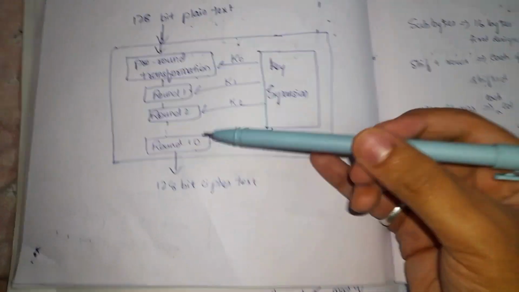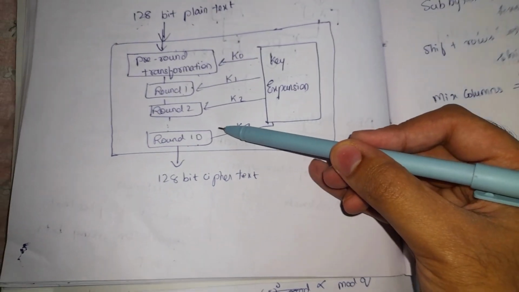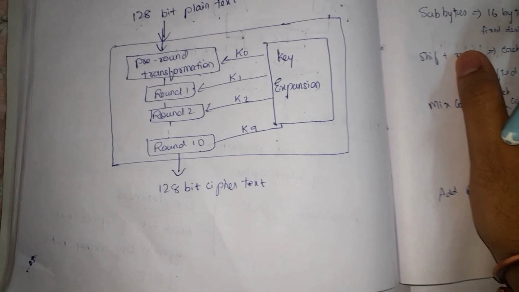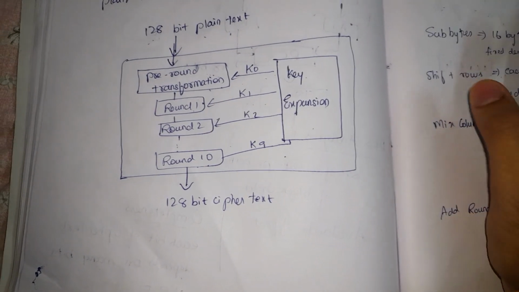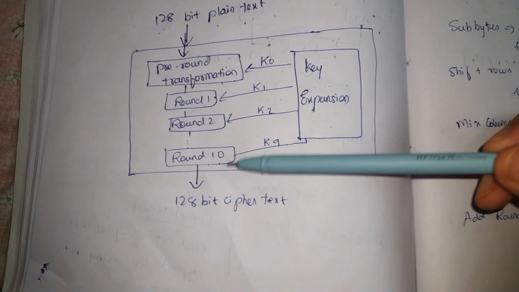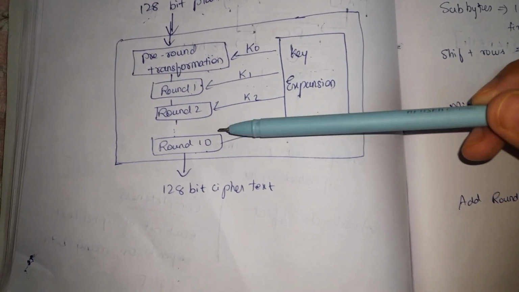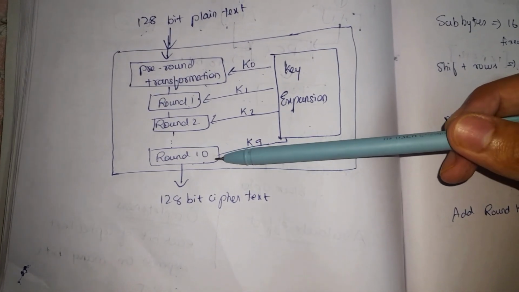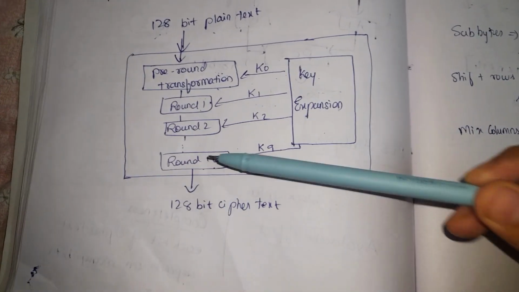After the end of round 10, we do not perform any operation. As you recall, in the DES algorithm, we applied a final permutation after the end of the last round. We do not perform such operations here. We directly obtain our desired ciphertext at the end of this last round.